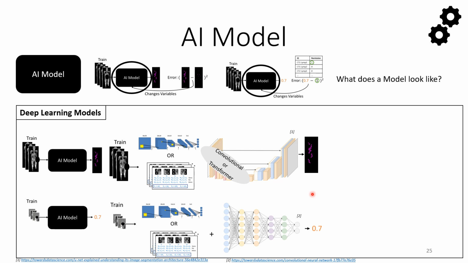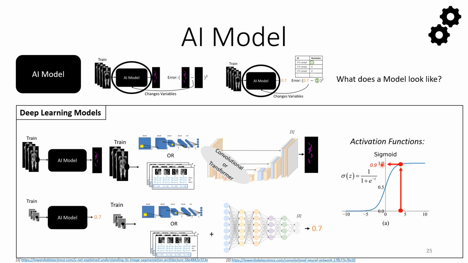And there's one thing left, and those are activation functions. So when there is somewhere in the model, for example, the value 4, and then comes an activation function which looks like this, then we go up at the function here and look which value the function has. And here, in this case, it's 0.9.